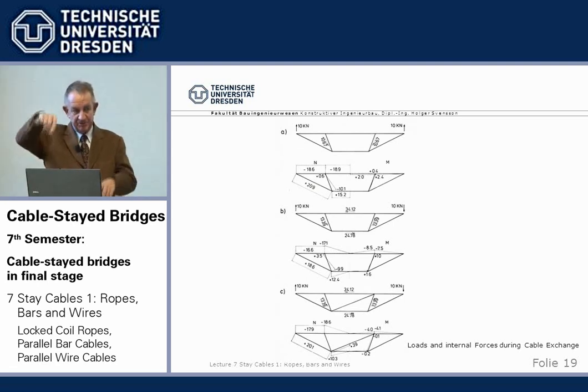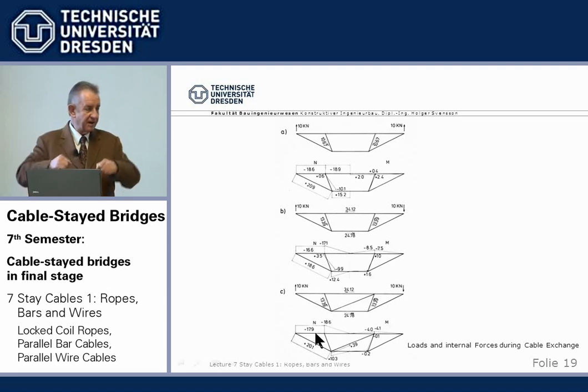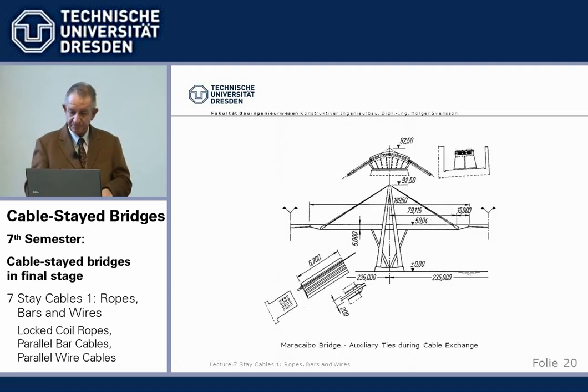Because we have to take out only one cable on the one side, we have a big torsional moment there, and the steel cross-section couldn't take it. Suffice it to say, wherever a cable had to be exchanged, an auxiliary steel diagonal had to be installed in the box so that it was able to take the temporary torsion.